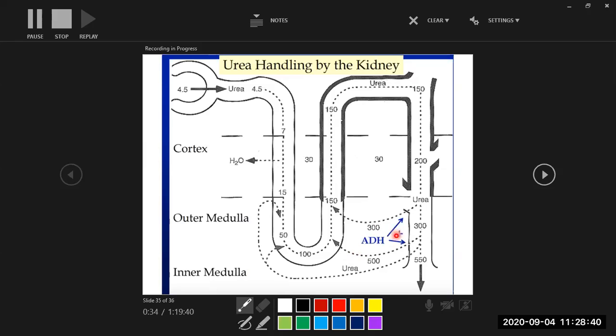By reabsorbing it back, we can increase the osmolarity. We add more solutes to it. They add to the environment to make it very thick, very high osmolarity. And then some of it will also be secreted back into the tubule and be used again. So this shows you the urea recycling in the nephron.